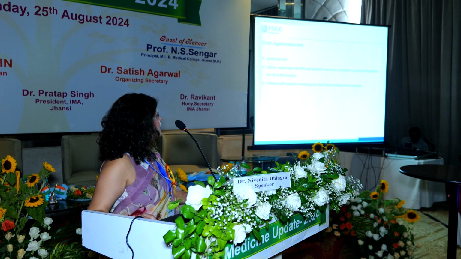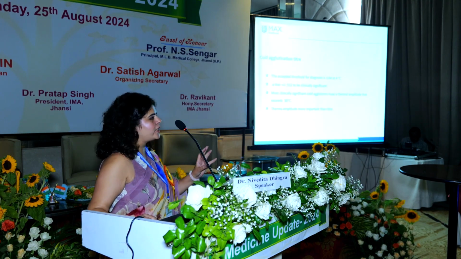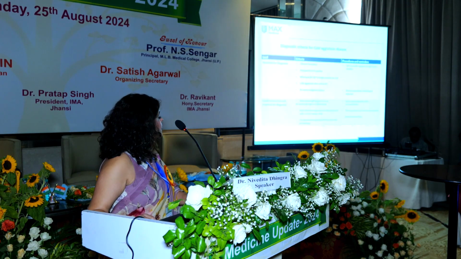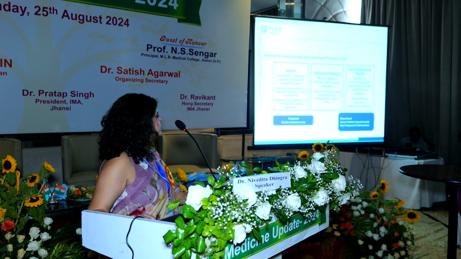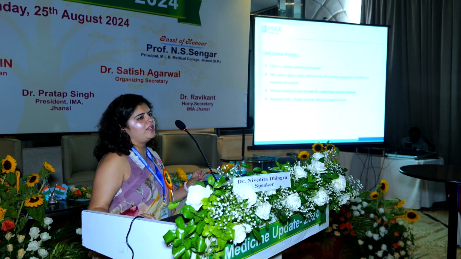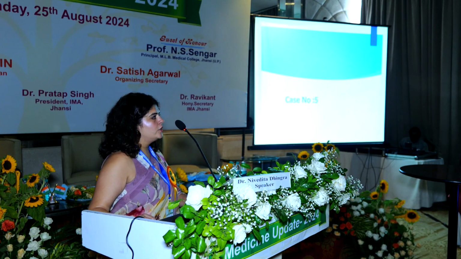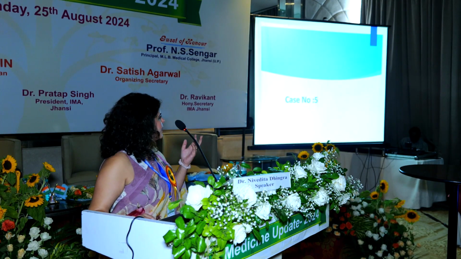In this scenario, first we need to warm the sample and do the testing so that we can identify the antibody. And in such a situation, if we give rituximab 4 weekly doses, there is an 80% response rate and patients attain a long-term remission.